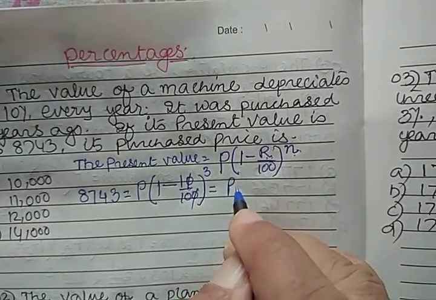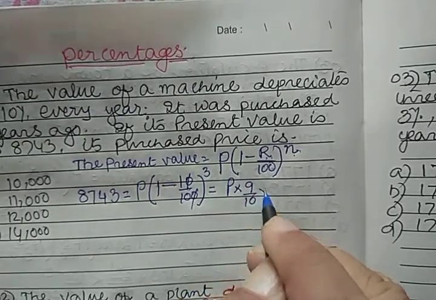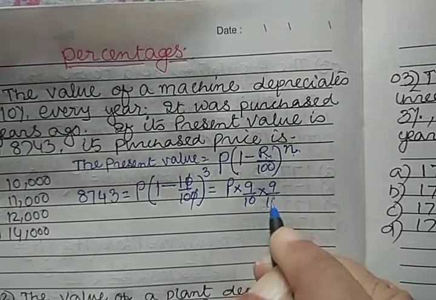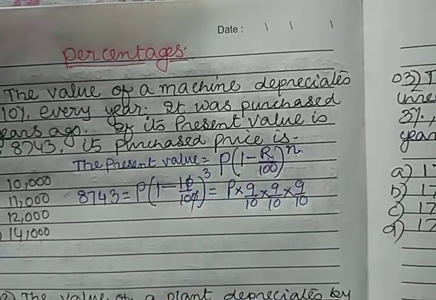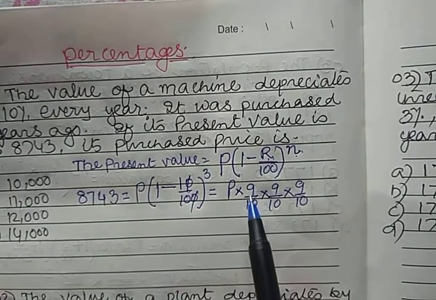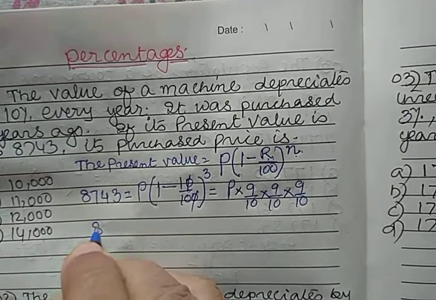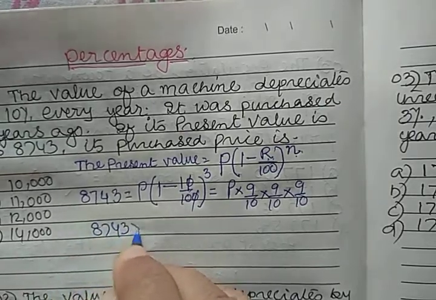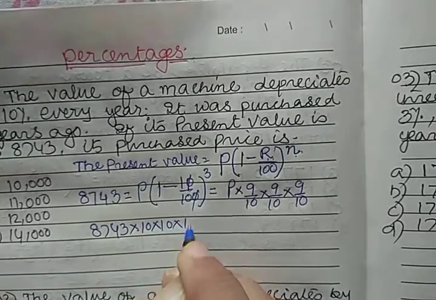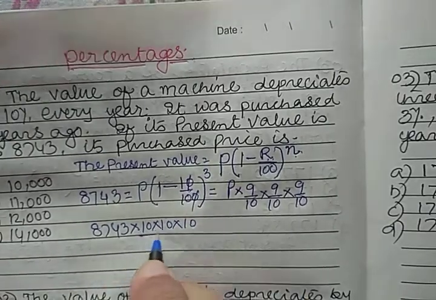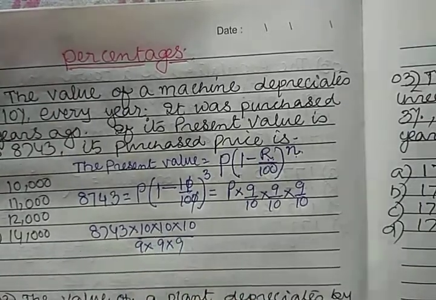So P into 9 by 10 into 9 by 10 into 9 by 10, because the cube is there. Let us take this 9 by 10 to the other side. So 8743 into 10 into 10 into 10 by 9 into 9 into 9.